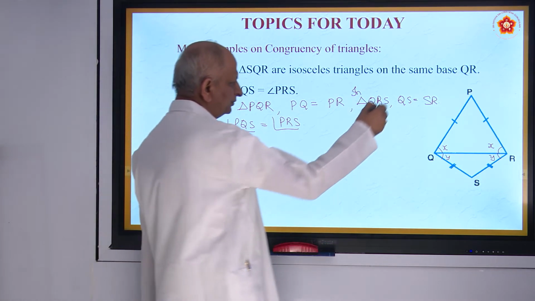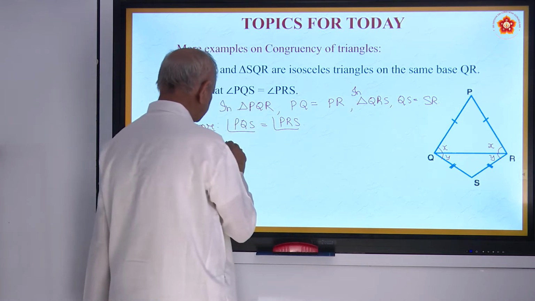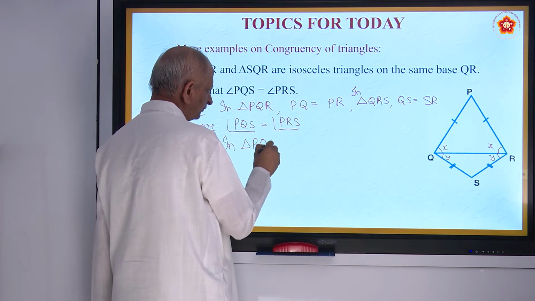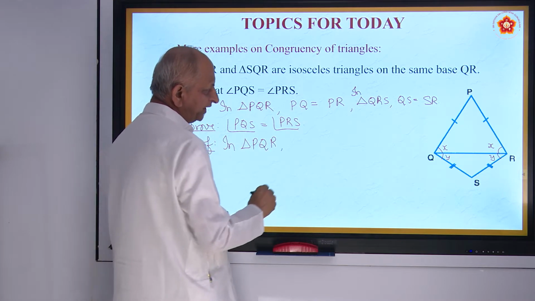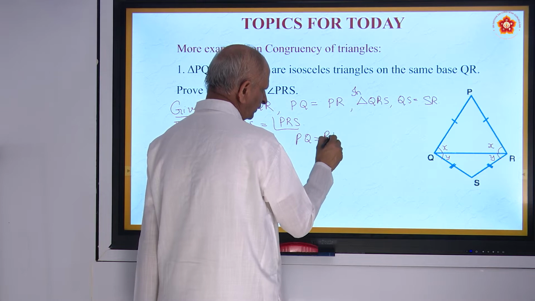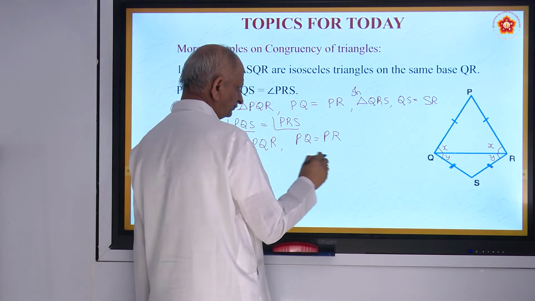So here in triangle PQR, the two sides are equal. PQ is equal to PR. That is an isosceles triangle.